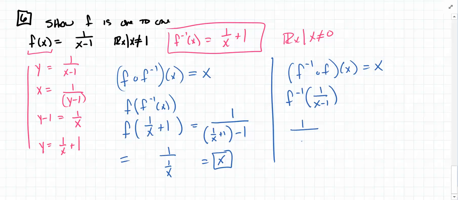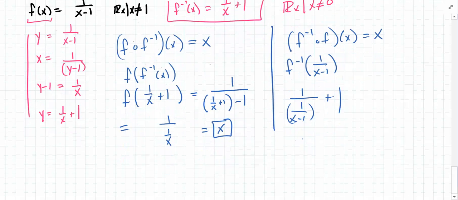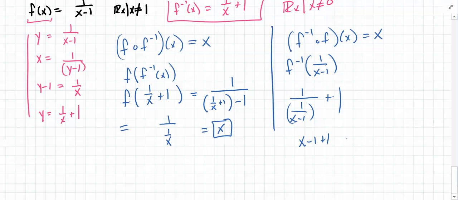Well, that's just equal to x minus 1 plus 1, which just gives me back x. So because I have now shown both, I have shown f of f inverse of x is equal to x, and I've shown f inverse of f of x is equal to x. That's how I would show that the function then becomes one-to-one.